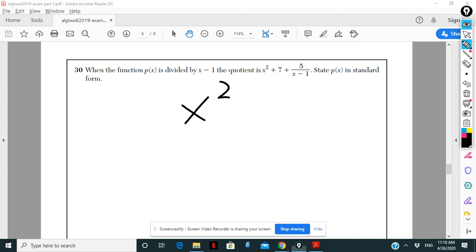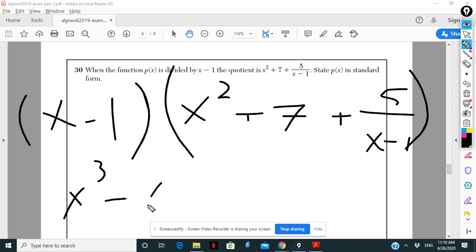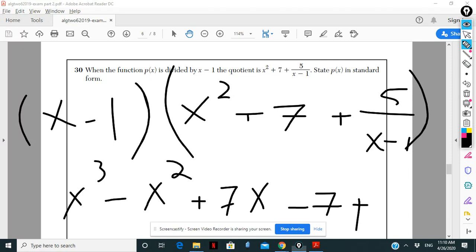So x squared plus 7 plus 5 over, that's all multiplied by x minus 1. So I get x cubed minus x squared plus 7x minus 7 plus 5. So it was plus 7x, okay.